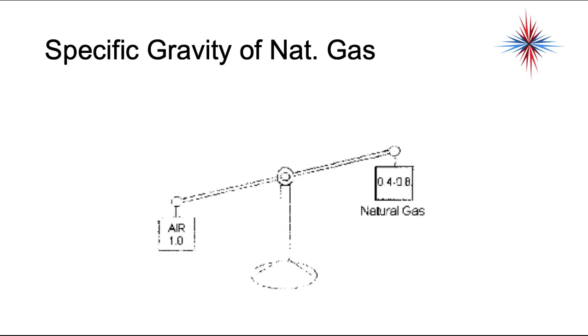So when we take a look at the specific gravity of natural gas, it has a range of 0.4 to 0.8, which means it's lighter than air, which is a 1.0. So natural gas, which is primarily methane, is going to be lighter than air.